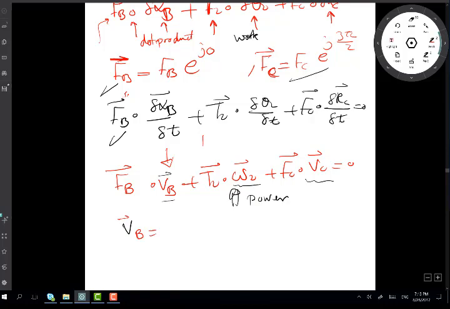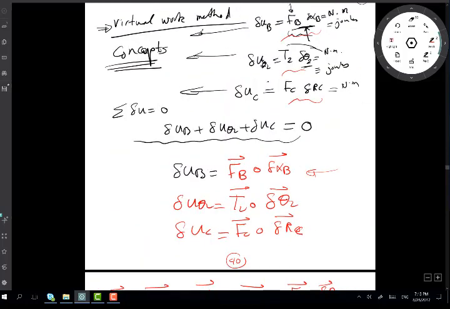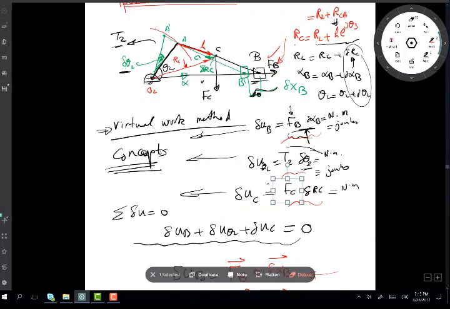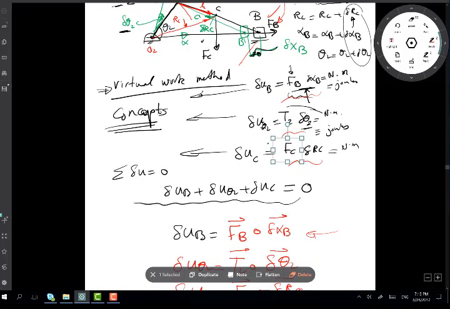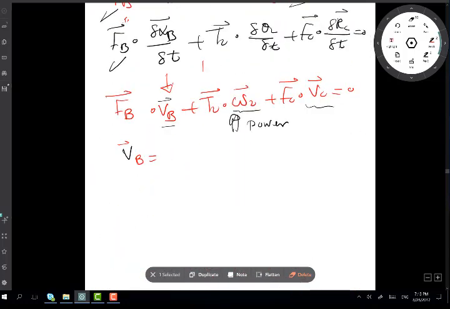I know that VB, this velocity over here, is going to be equal to some quantity VB times e to the j0 to give me the direction. I'll get VB from velocity analysis, right? Velocity analysis, I get VB.